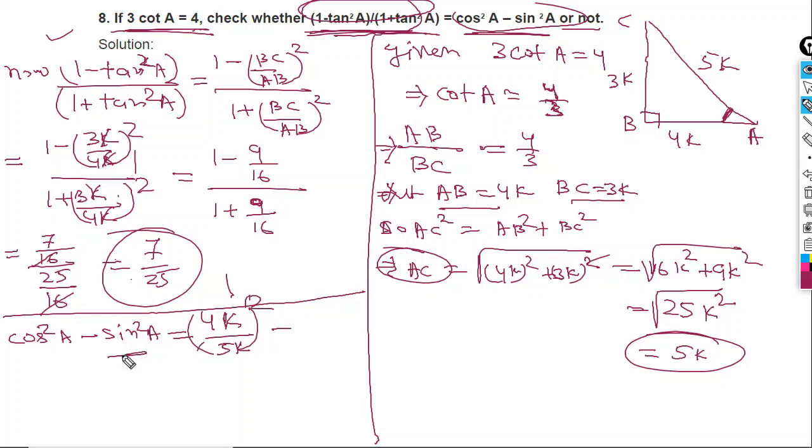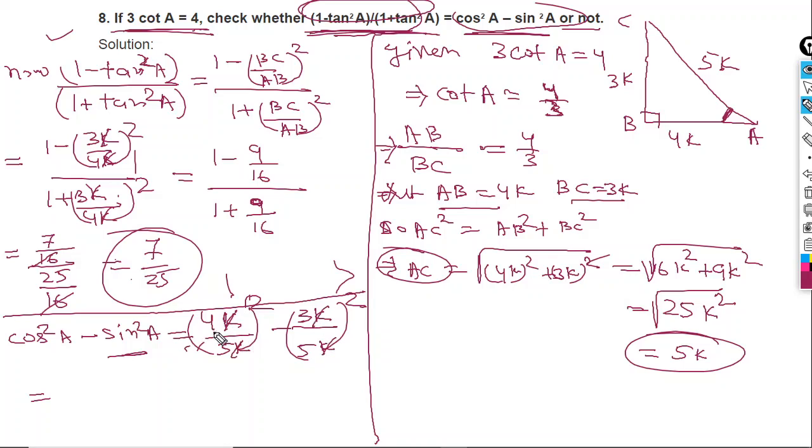Minus sine square, we will find now. Look at sine. Sine means opposite side divided by hypotenuse. That means 3K by 5K, so (3K divided by 5K) whole square. Now first you cancel the K's inside the bracket.